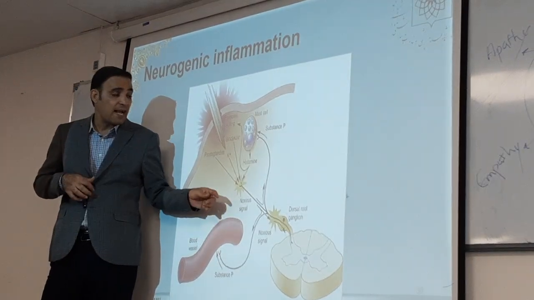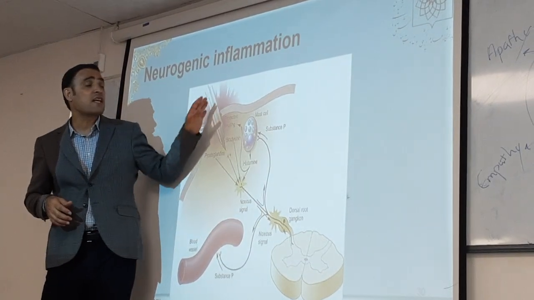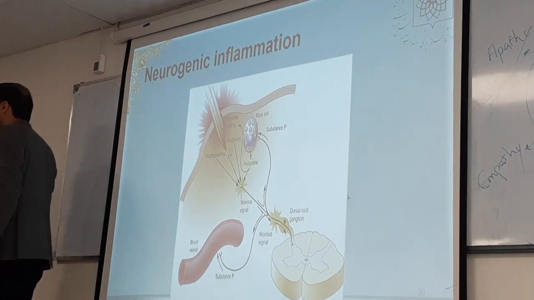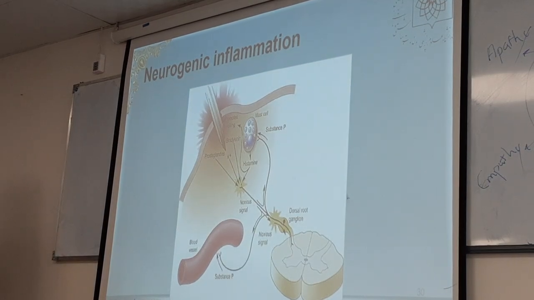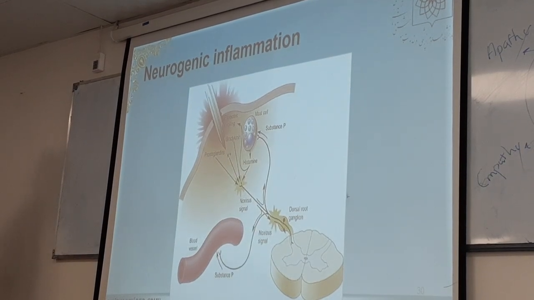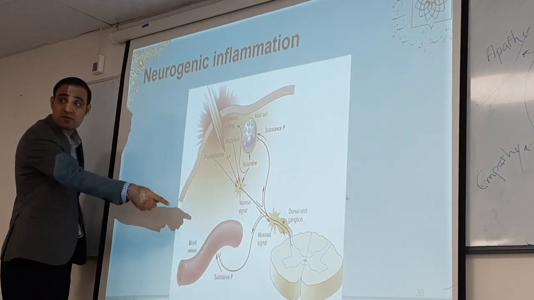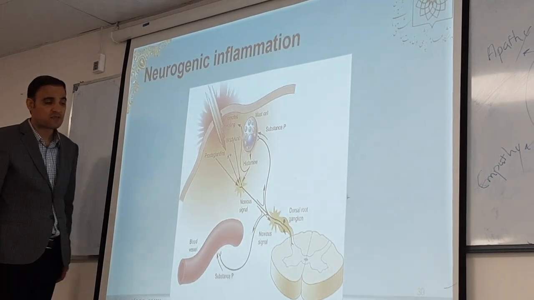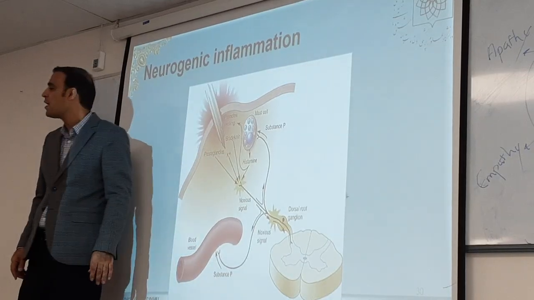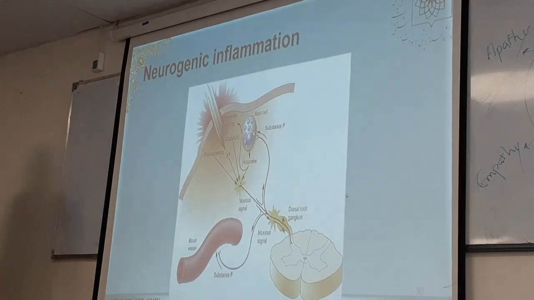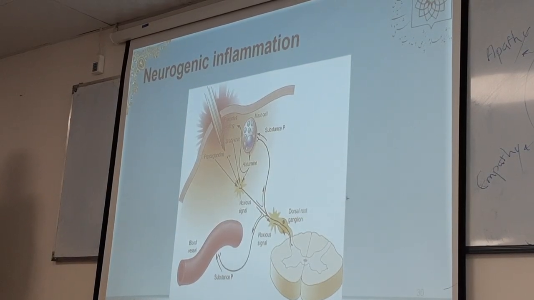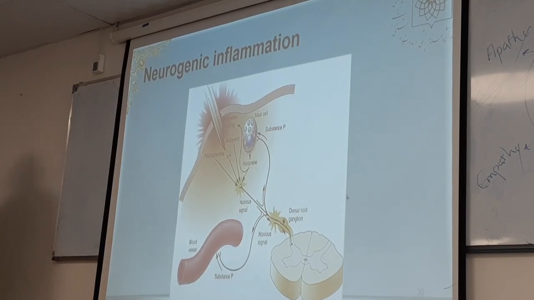Okay, and this is named as neurogenic inflammation. Inflammation is generated because of the activity of neurons and generation of these factors. Okay. There are some other pains or other inflammation. Pain also has different types: inflammatory pain, mechanical pain, chemical pain, and this is also working. Okay.